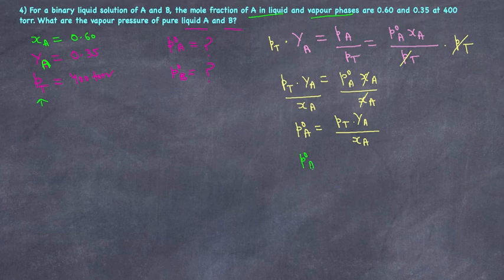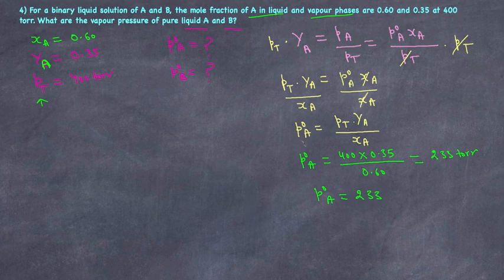P naught A is going to be, PT is 400 times YA 0.35 divided by XA, which is 0.60, and when we solve it, this gives me 233 torr. So P naught A is equal to 233.